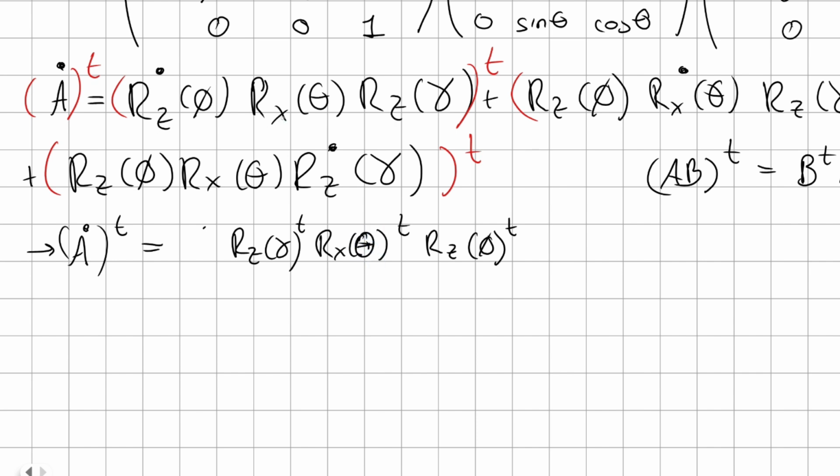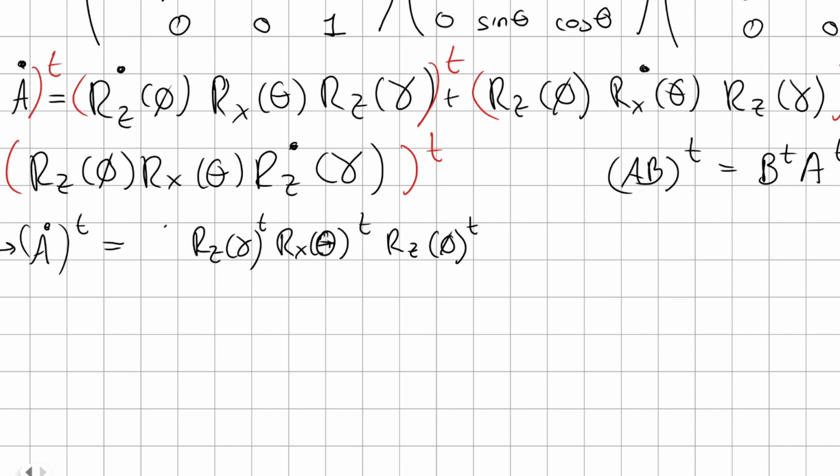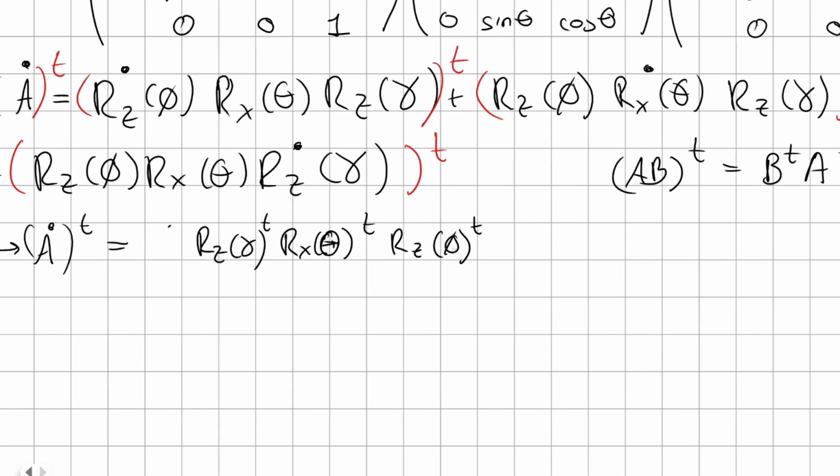As you can see, this Rx ends again in the middle of the triple product. You see that it began in the middle and then finished in the middle again. So we just need to switch the order of these matrices that are first on the left and on the right. And remember that this RZ phi has a dot here. Perfect.